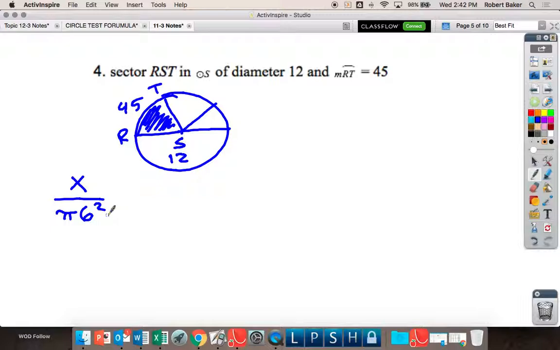Pi r squared. Because the diameter is 12, we have to cut it in half. You get pi 6 squared equals x over 45 degrees over 360 degrees. So we can do our simplification.